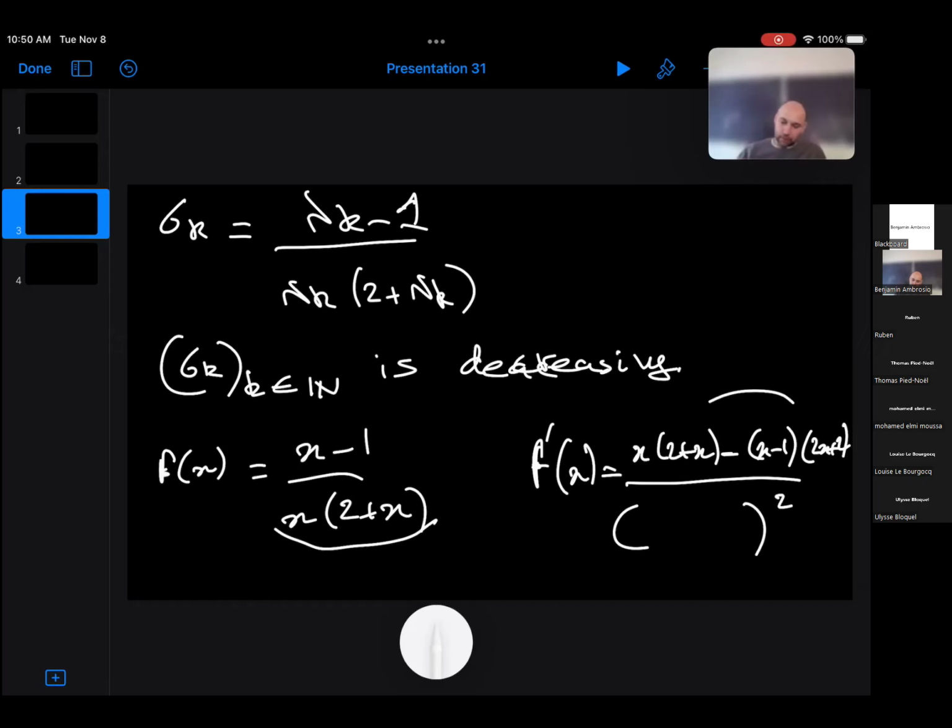This quantity I can write as x times 2 plus x minus 2 x squared minus 1, which gives me finally minus x squared plus 2x plus 2.